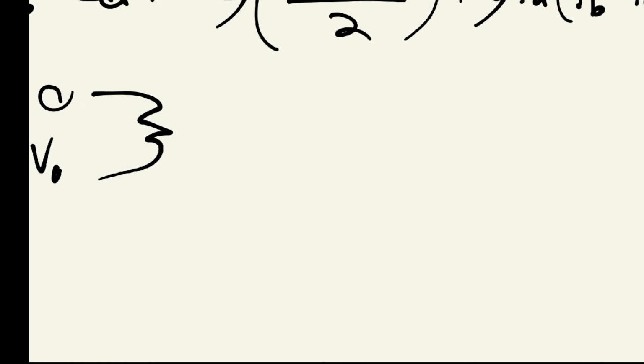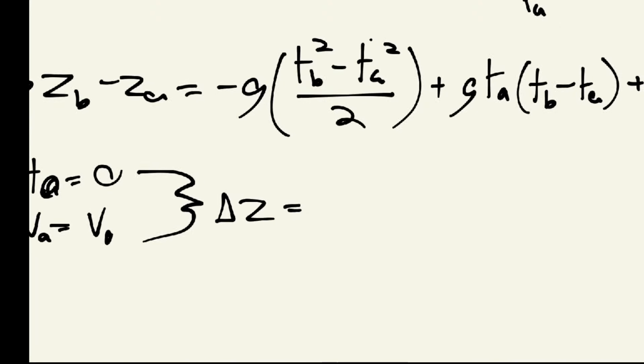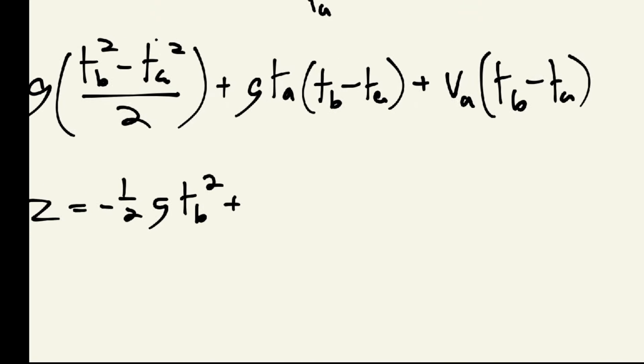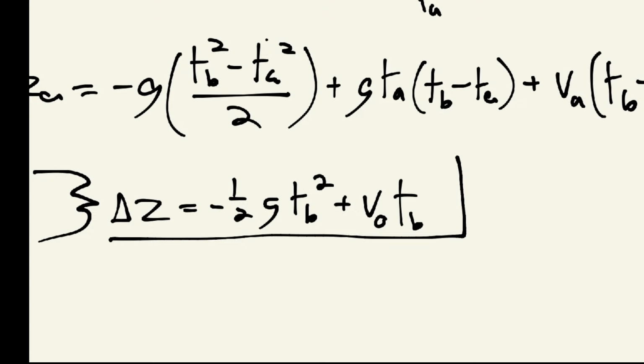This tells me that delta z, the change in your z direction, equals negative 1 over 2 g times, because it's negative 1 over 2 g, the 2 is here, times t sub a is 0, so it's just t sub b squared, and that's fine, plus this all evaluates to 0, which is extremely convenient because t sub a is 0, plus v naught times t sub b. And this is an equation that I believe we all know and love.